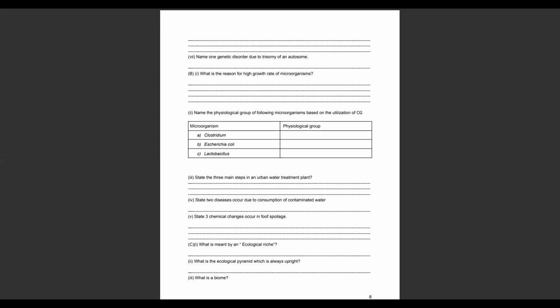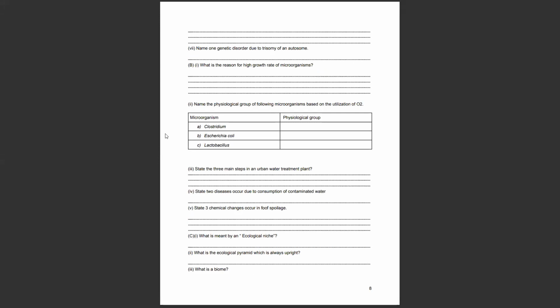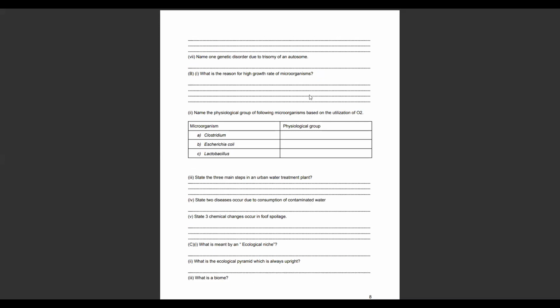Next point, they have a large surface area available for exchange of materials from the external environment. Since they are very small in size, the surface area to volume ratio is high. A greater ratio means they have a large surface area to exchange materials with the external environment.